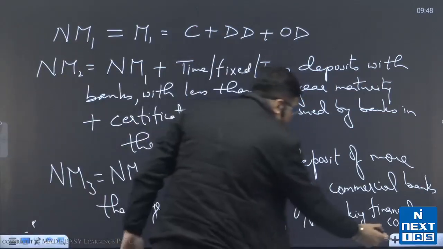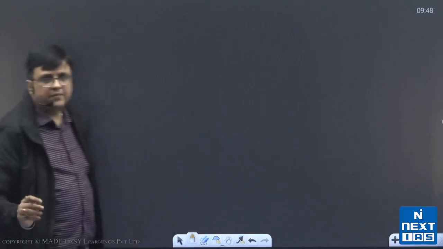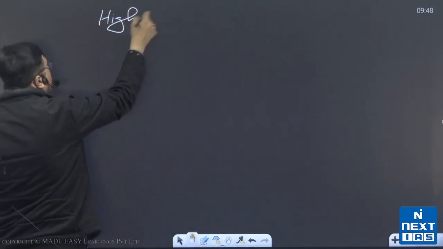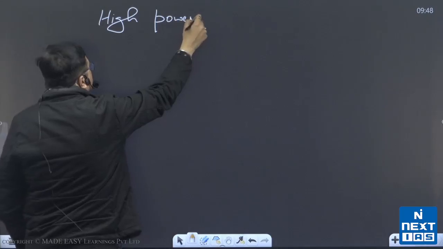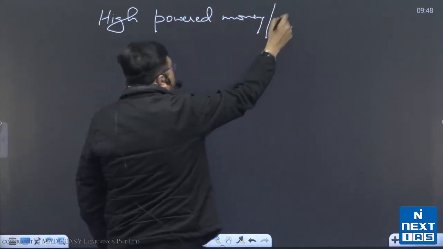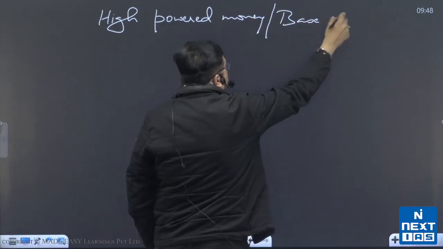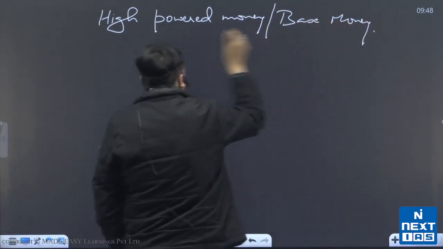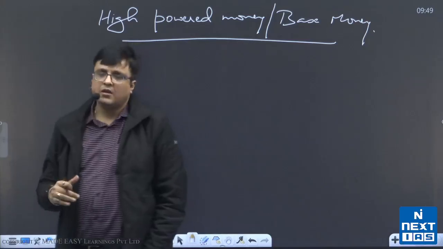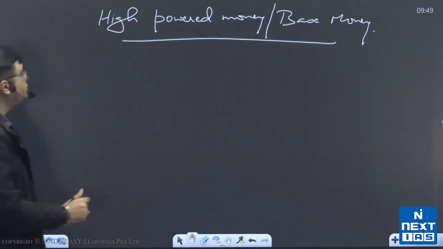Now, I want you on the board again. See, there is another term called high-powered money or base money. All right, there is another term called high-powered money or base money. I will explain this to you.